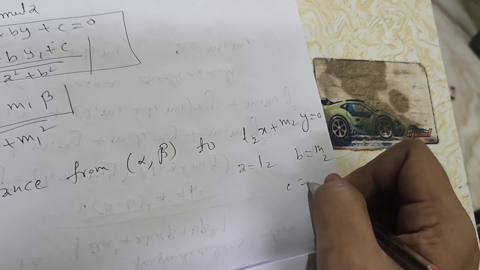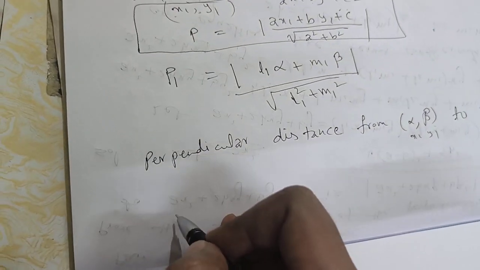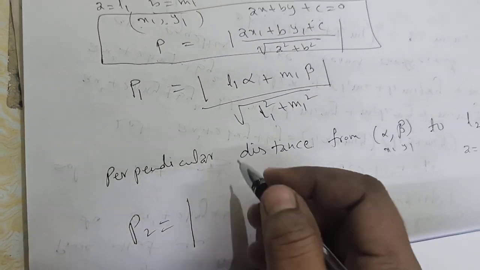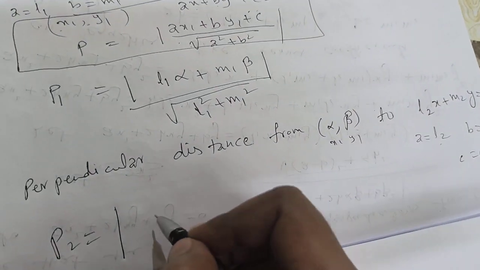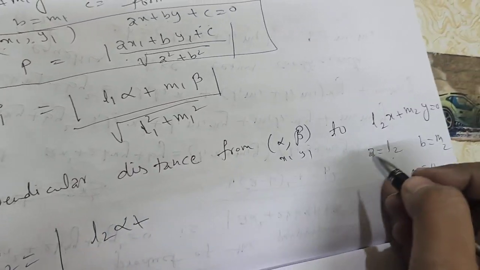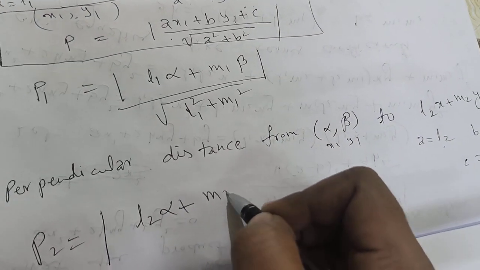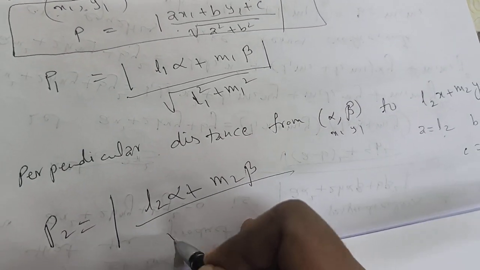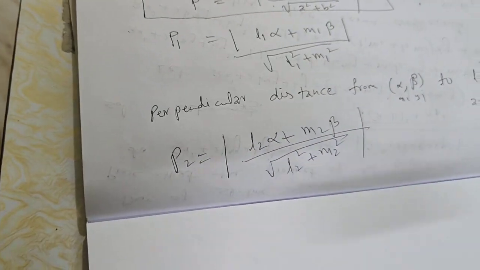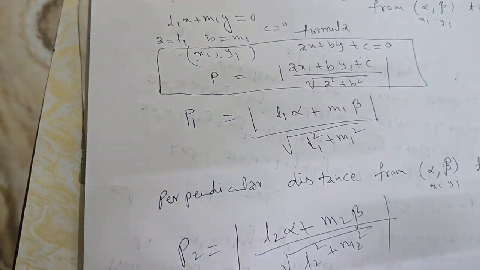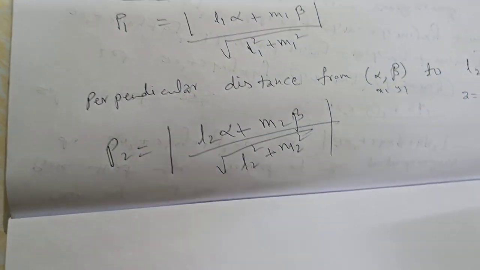We don't have C, C is 0. This is x1, y1. So P2 is equal to L2 alpha plus m2 beta divided by square root of L2 square plus m2 square. Now product of the perpendiculars means we will multiply these two, p1 into p2, left hand side, right hand side, these values.